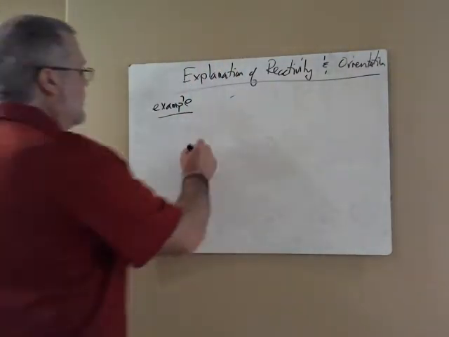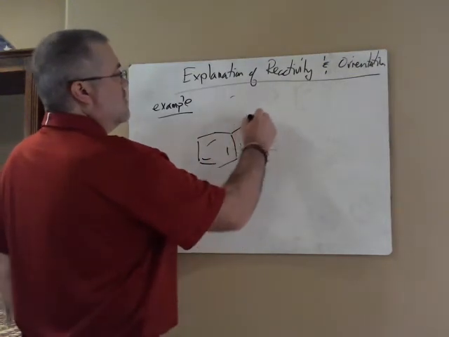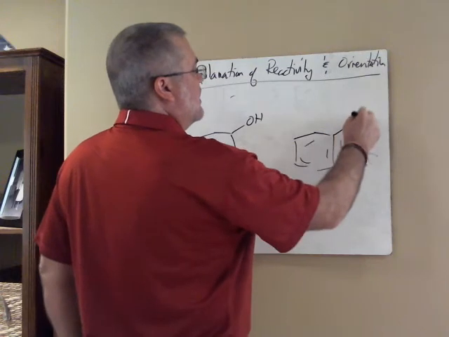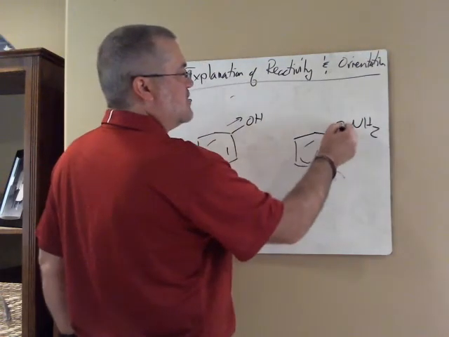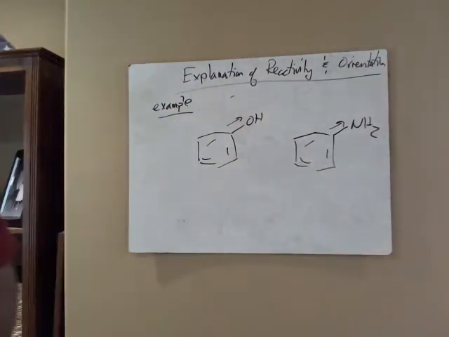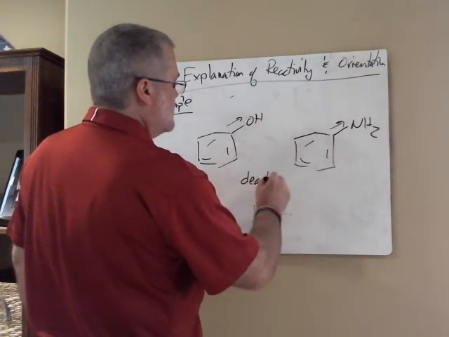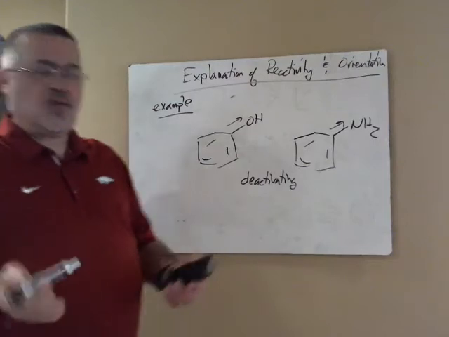Because you can also have inductive withdrawal from things like hydroxy and amino, because same thing, the oxygen and the nitrogen are more electronegative. So inductively, these are also deactivating. They reduce the reactivity of the ring.